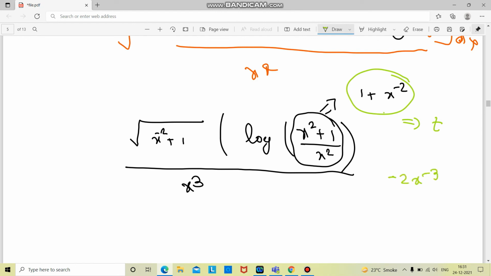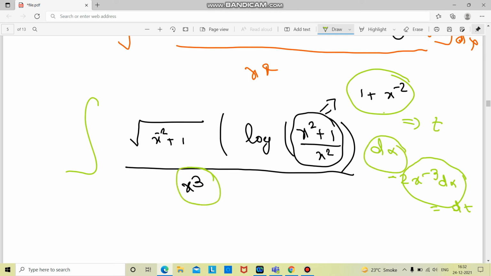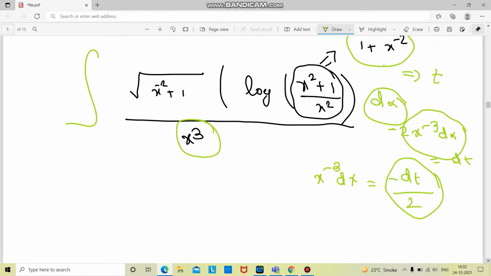So differentiation of it we will get minus 2x to the power minus 3 dx is equal to dt. From here, x to the power minus 3 dx is equal to minus dt by 2.